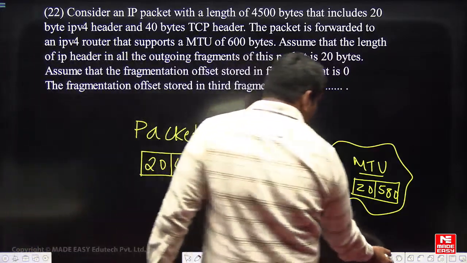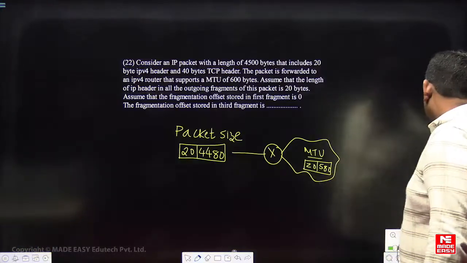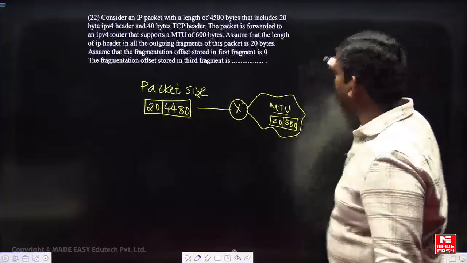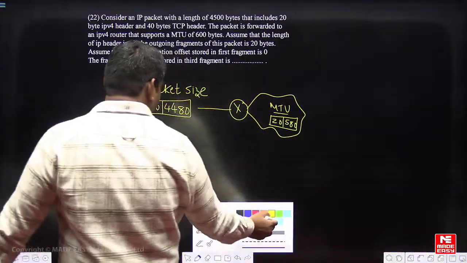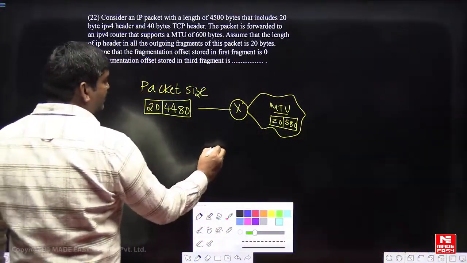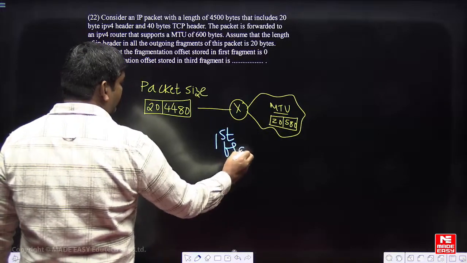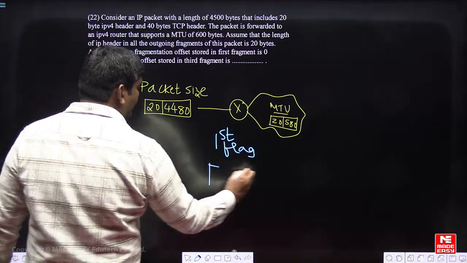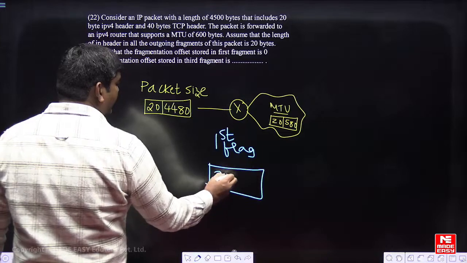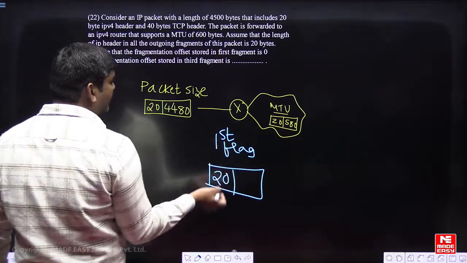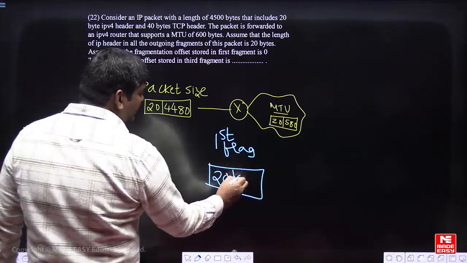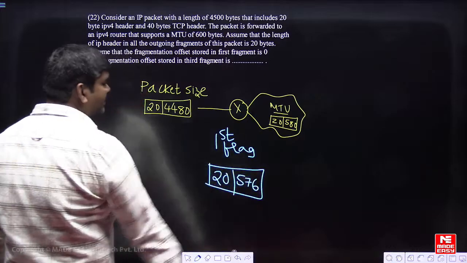So, based on that idea, if you understand this particular question, say this packet is divided into fragments. Here I can write the first fragment as what? The 20-byte IP header is added to every fragment with some change in values, but the inside value here is 576 only.